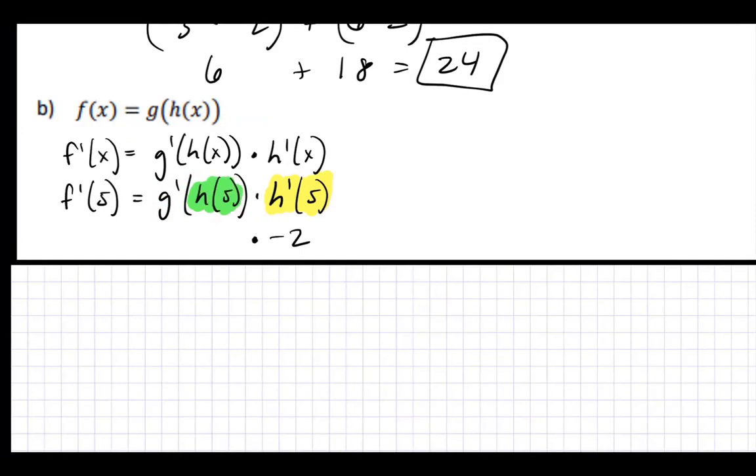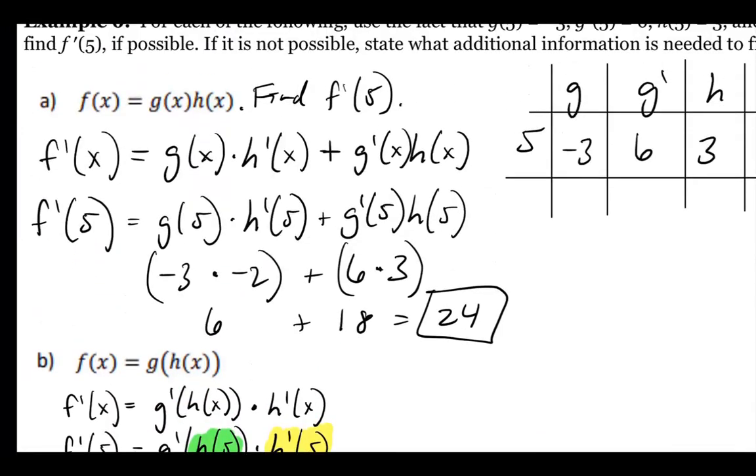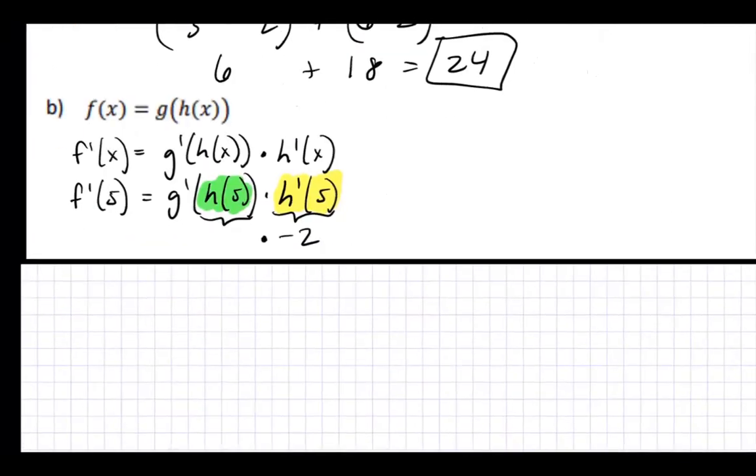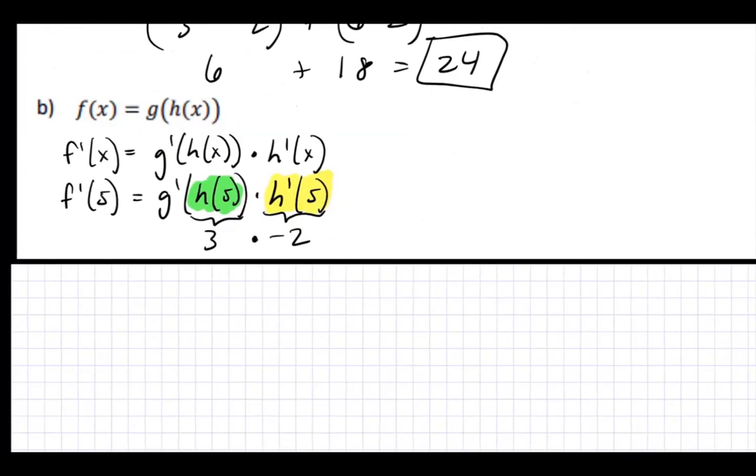So I go to the table and I find out what h of 5 is. H of 5 is 3. So that's 3. Well, guess what? I still have the G prime. I simplified h of 5, but I didn't simplify that G prime.